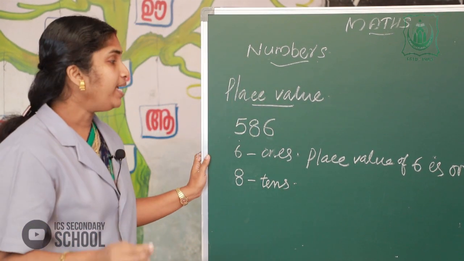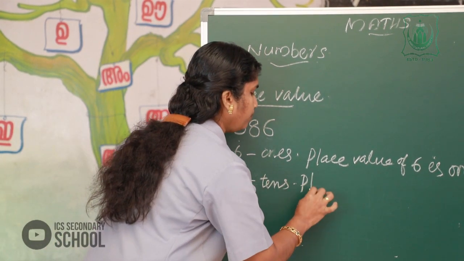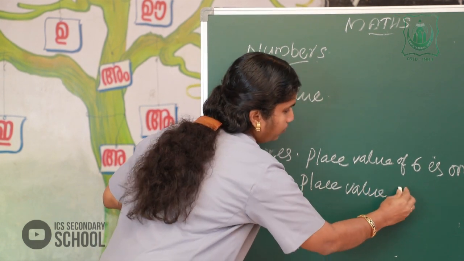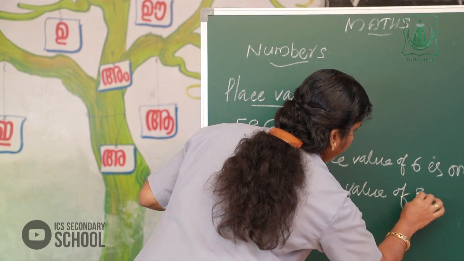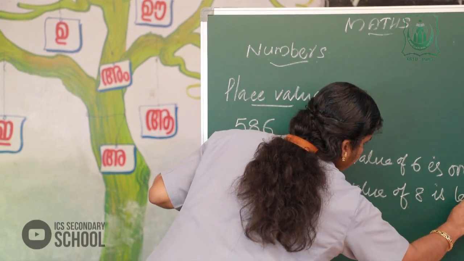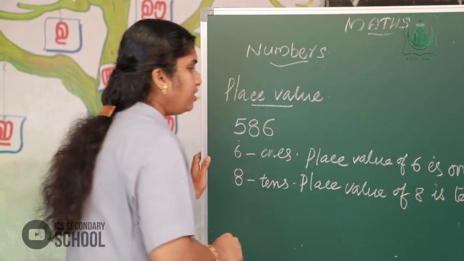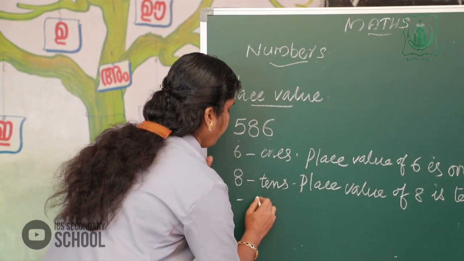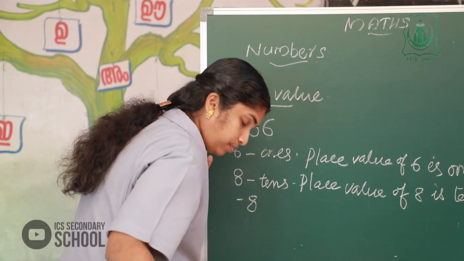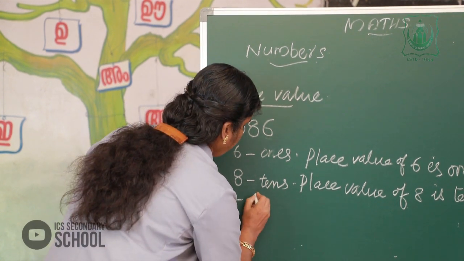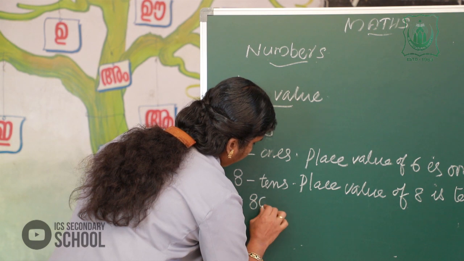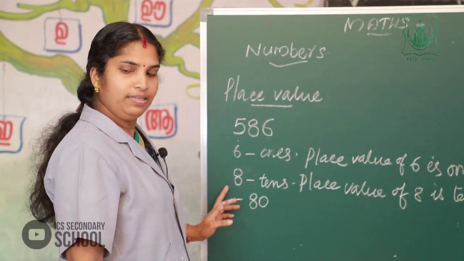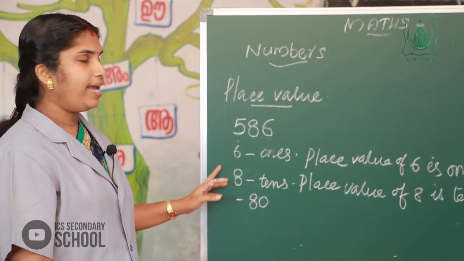So the place value of 8 is tens, that is 80.